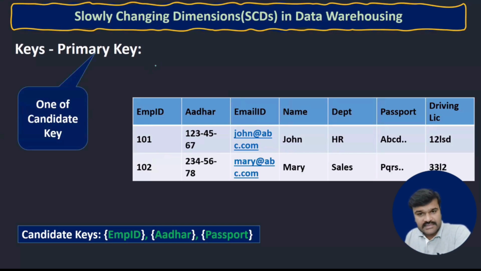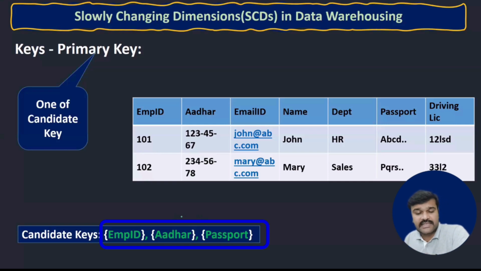To contest in that election, you put some criteria. Whoever satisfies that criteria, you allow them as candidates. These are all the contestants to become a primary key. Only one person will win the election. That's all. Even here, every table is going to have only one primary key, not more than that.